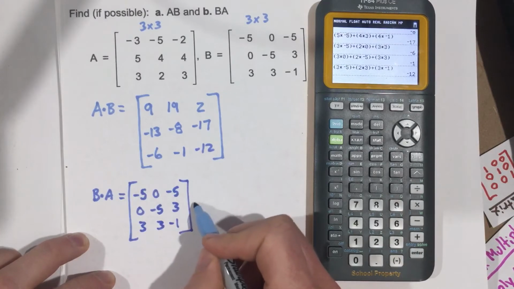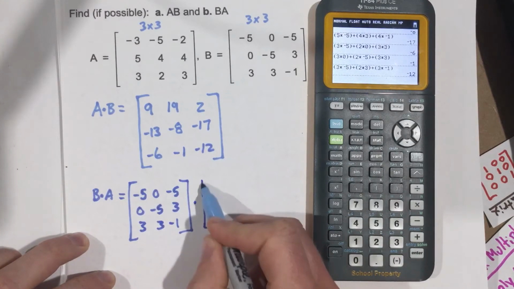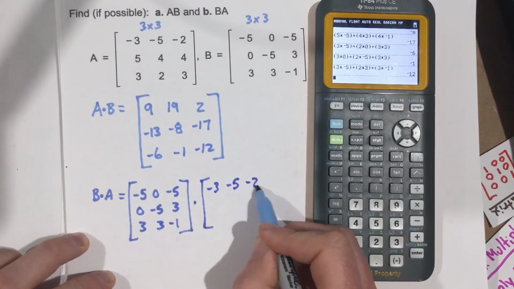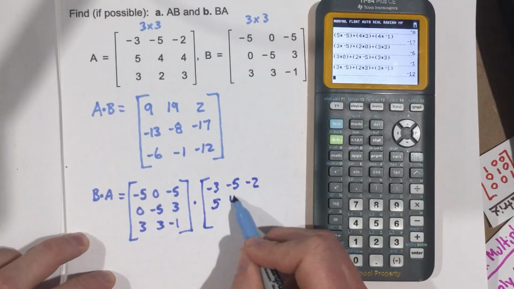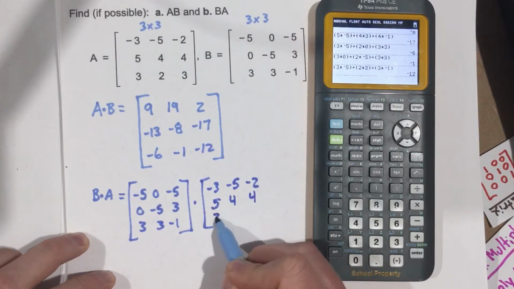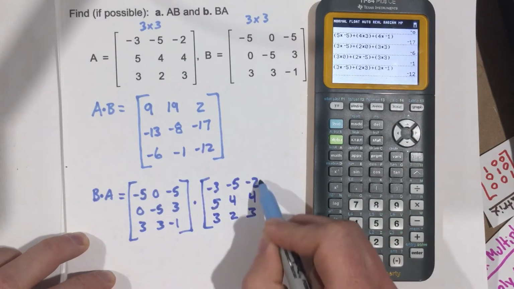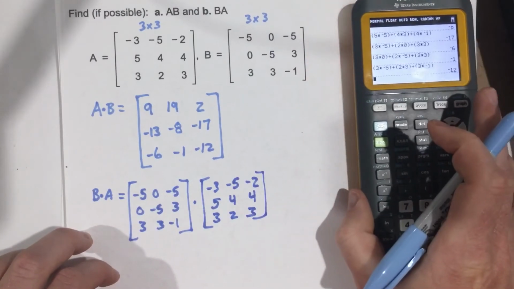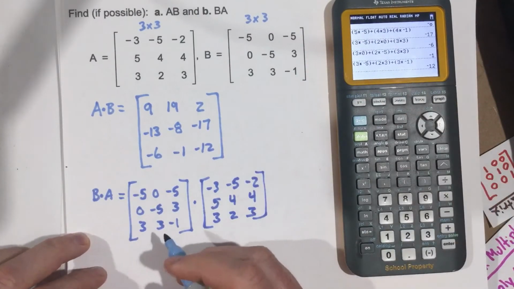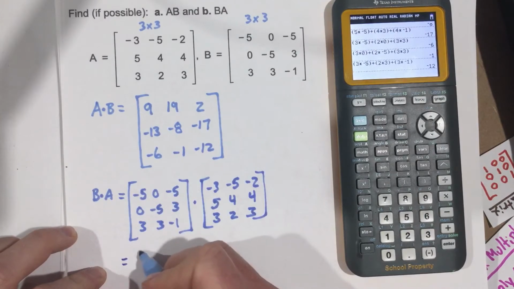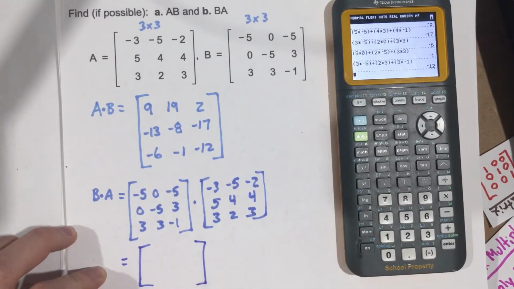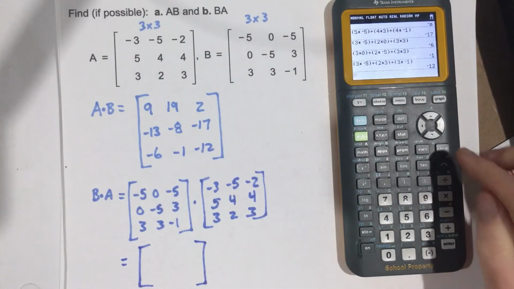And we're multiplying it times negative 3, negative 5, negative 2, 5, 4, 4, 3, 2, 3. All right. And when we multiply these, we're going to equal a 3 by 3, and I'll write that 3 by 3 right here. Okay. I'm going to clear out our data up here.